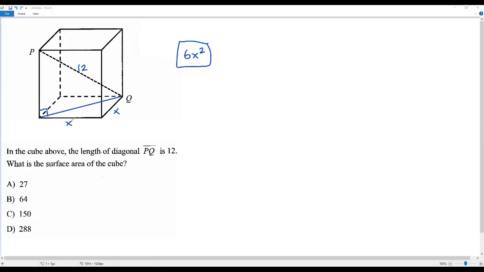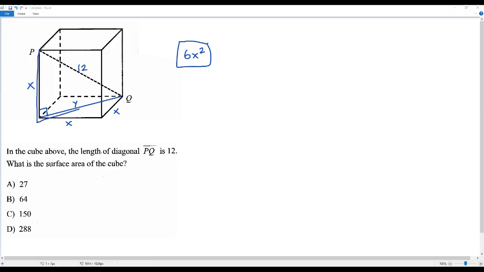Since we assumed x as the length of each side of the square face, this one is also x. And let me assume the length of the diagonal of the square base as y.